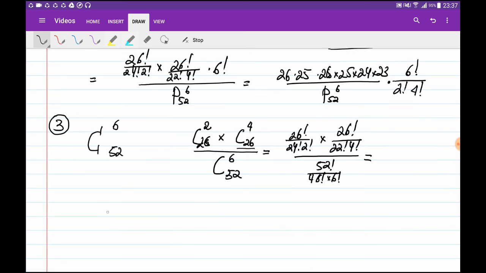By just dividing the factorials, 26 by 24, 26 by 22, and 52 by 46, we can get the answer: 26 multiplied by 25, multiplied by 26, multiplied by 25, 24, and 23, over 52 multiplied by 51, 50, 49, 48, and 47, multiplied by 6 factorial divided by 2 factorial and 4 factorial. Basically, in all 3 different ways of solving, we get the same answer.